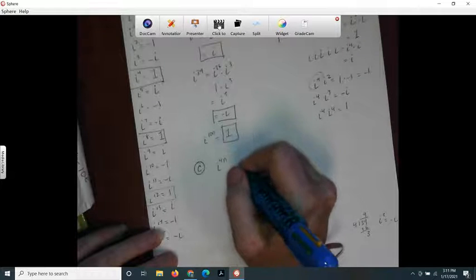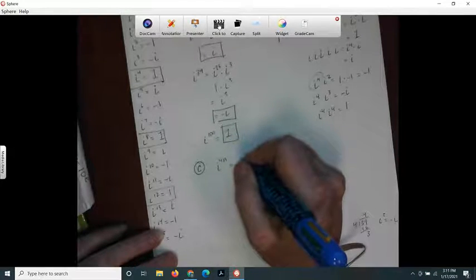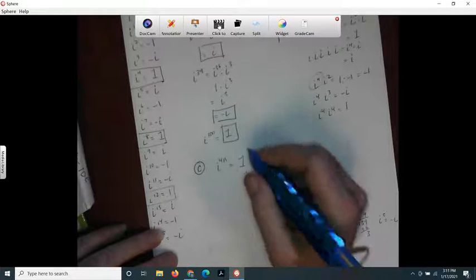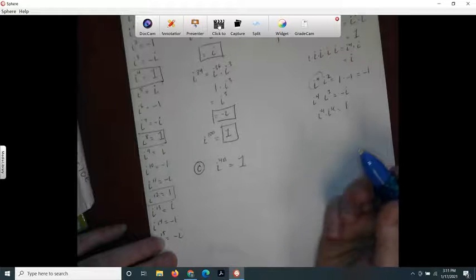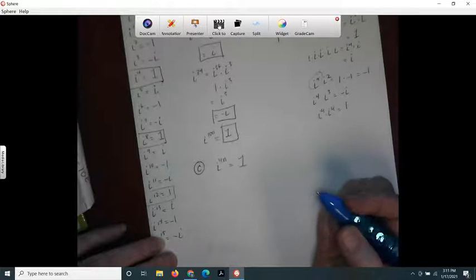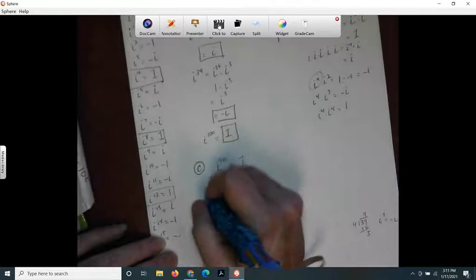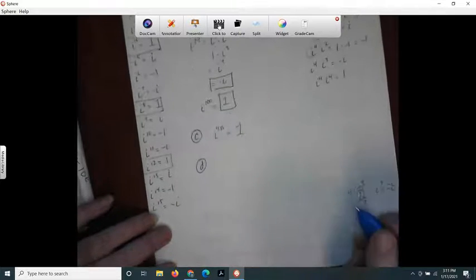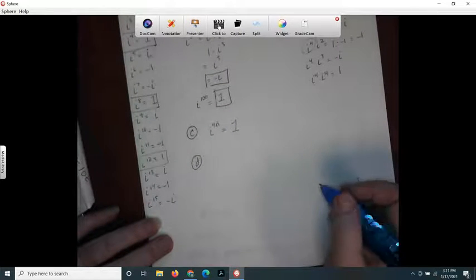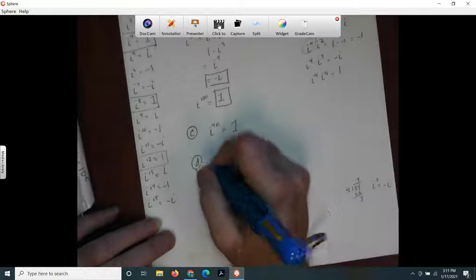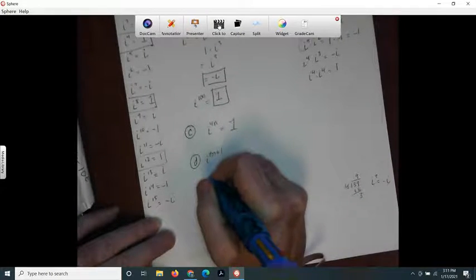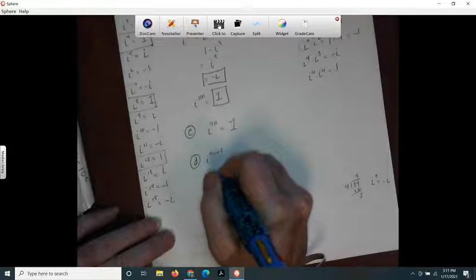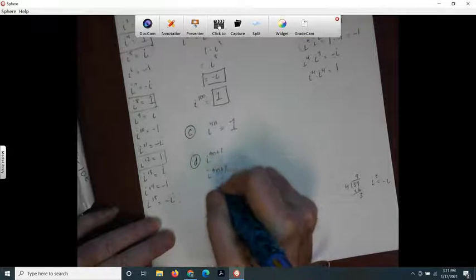And then letter D says, based on your answer to part C, simplify i to the 4n plus 1, i to the 4n plus 2, and i to the 4n plus 3. Well, this one's going to have 1 left over. So this will just be i.